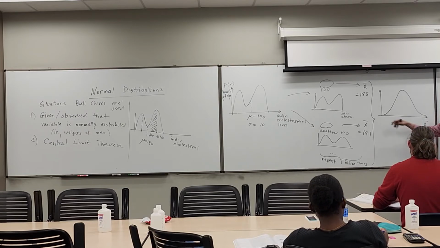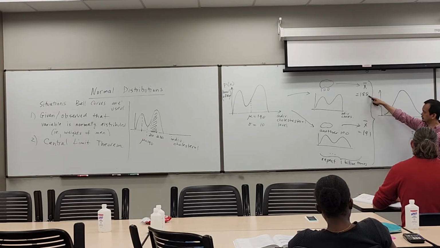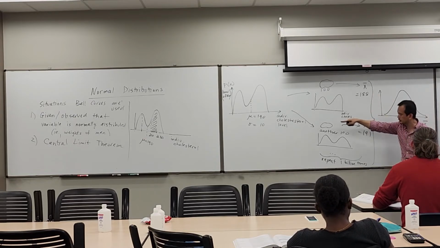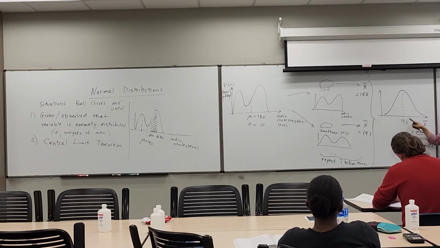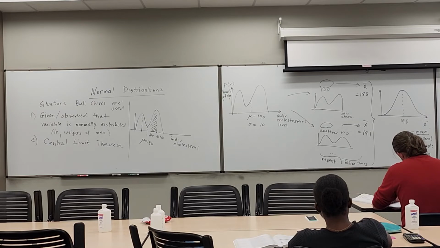So in the end, all these sample means that have values really close to the original mean of 190 end up having this bell curve shape, where the most commonly occurring value is that original mean of 190. And then you could possibly have values around that, but the farther you are from 190, the lesser the chance of that.